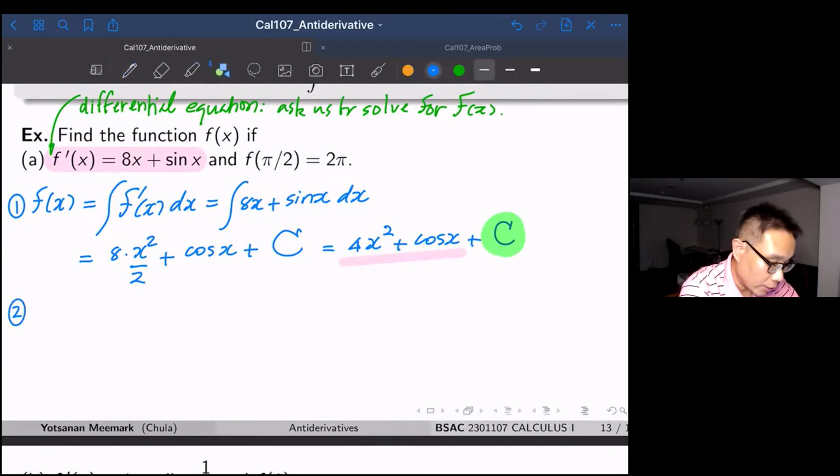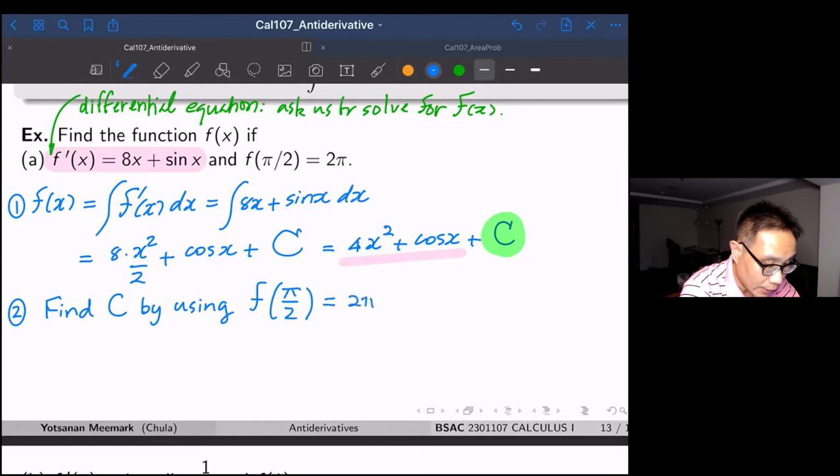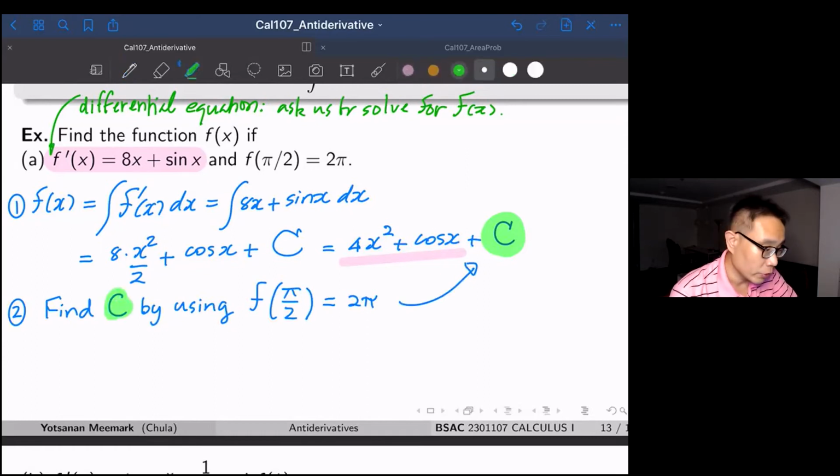We're going to find c by using f of pi over 2 equal to 2 pi. So we're going to use f of pi over 2 equal to 2 pi in order to help us find this constant c.